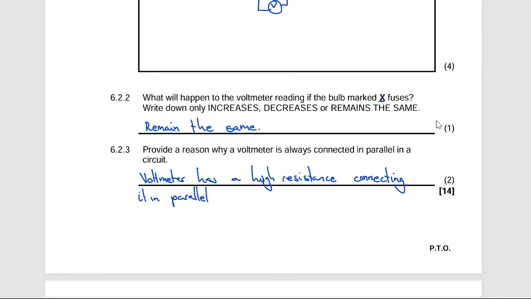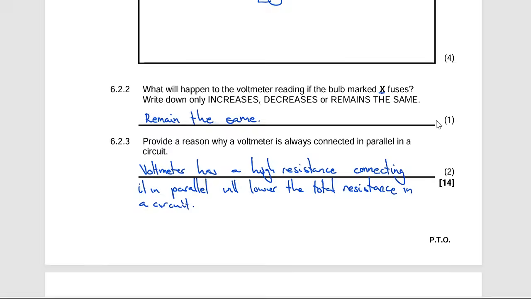We lower the total resistance, right? If our resistance is low, it means more current is going to flow. We lower the total resistance in a circuit. So I'm going to say that, in a circuit like that. So that's our answer there.